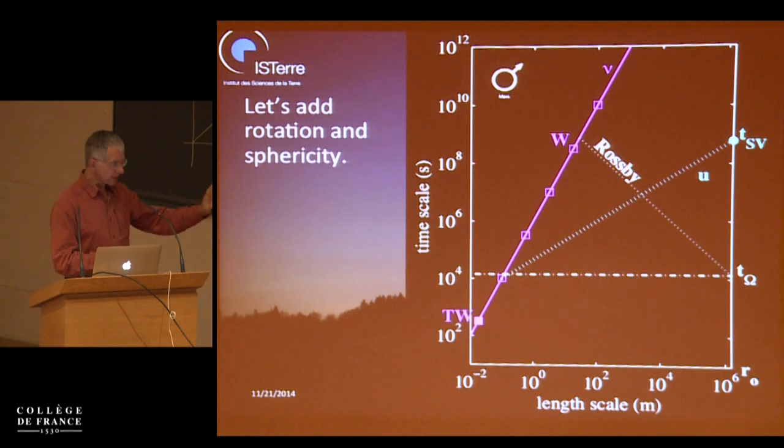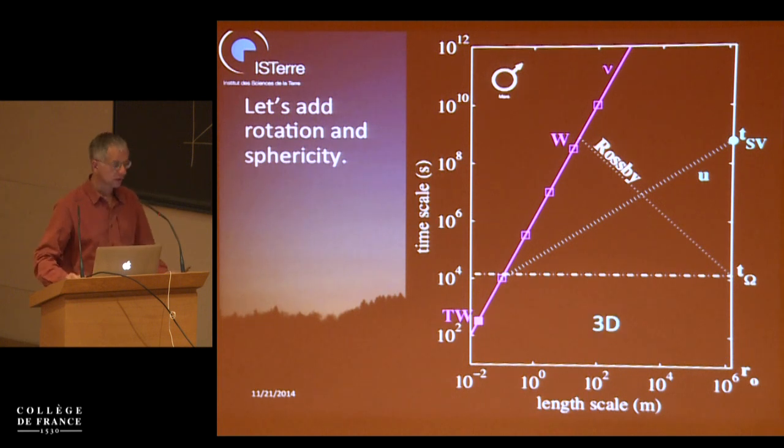So I keep the same diagram exactly, but I now add time scales which are related to rotation. There is one time scale which is fairly obvious. It's that Mars spins at about 24 hours, 23 something. So there is here one time, 10 to the 4 seconds, which says that things at shorter times, and things at longer time scales, might be behaving differently from what we just saw.